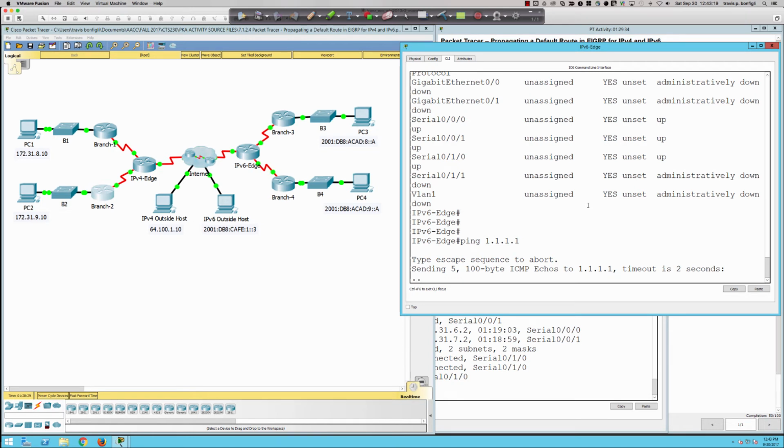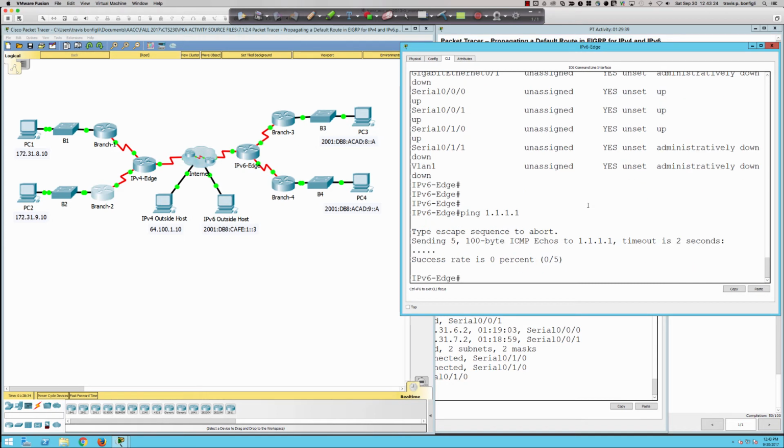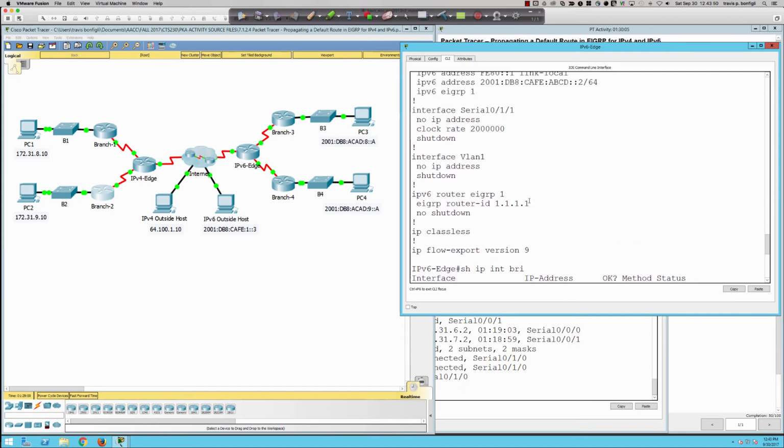No, because remember, the router ID, while it can get its value from a currently configured loopback or physical interface that has an IPv4 address on it, right? It's not a reachable IPv4 address in all instances. So in other words, if it didn't get it from a loopback and it didn't get it from a physical interface, in other words, we configured it like we've done here, that is not a reachable IP address.